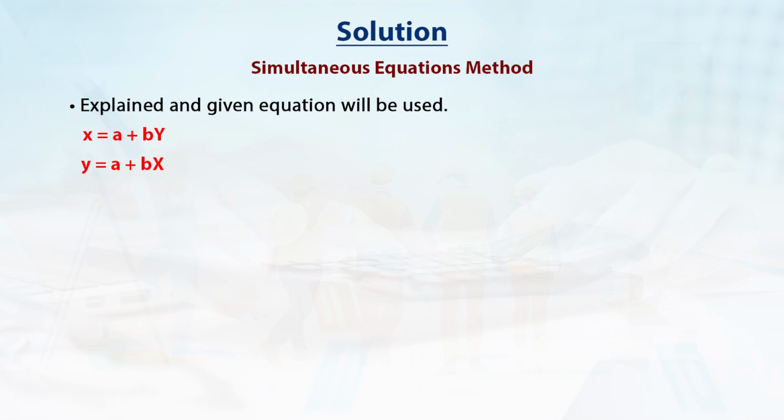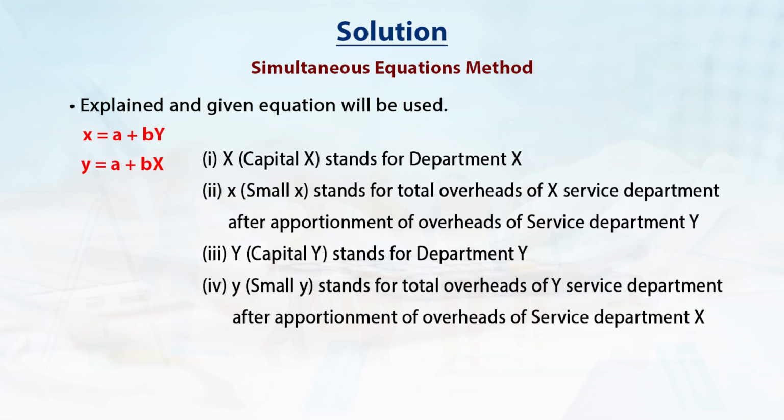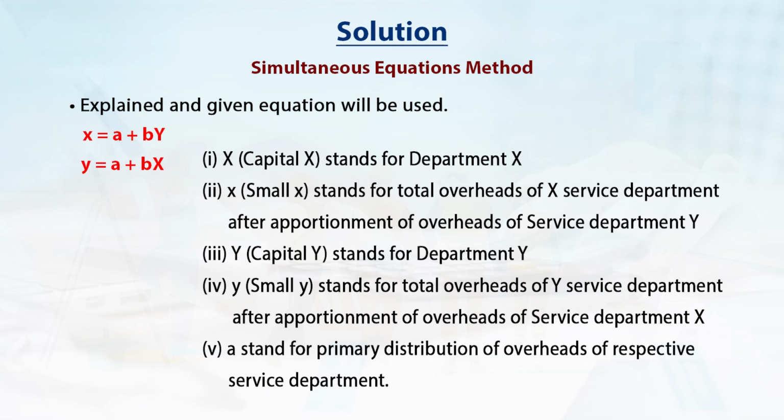The first equation is X is equal to a plus b into Y, and the second equation is Y is equal to a plus b into X. Here capital X stands for department X, small x stands for total overheads of X service department after apportionment of overheads of service department Y. Capital Y stands for department Y. Small y stands for total overhead of Y service department after apportionment of overheads of service department X. A stands for primary distribution of overheads of the respective service department.